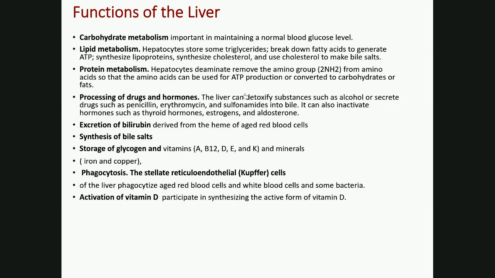In this region, we have a lot of smooth endoplasmic reticulum and peroxisomes that detoxify substances such as alcohol and medications that are taken. The excretion of bilirubin, which is derived from the breakdown of red blood cells. We synthesize bile salts. We store glycogen for further use, and vitamins that include vitamin A, B12, D, E, and K.